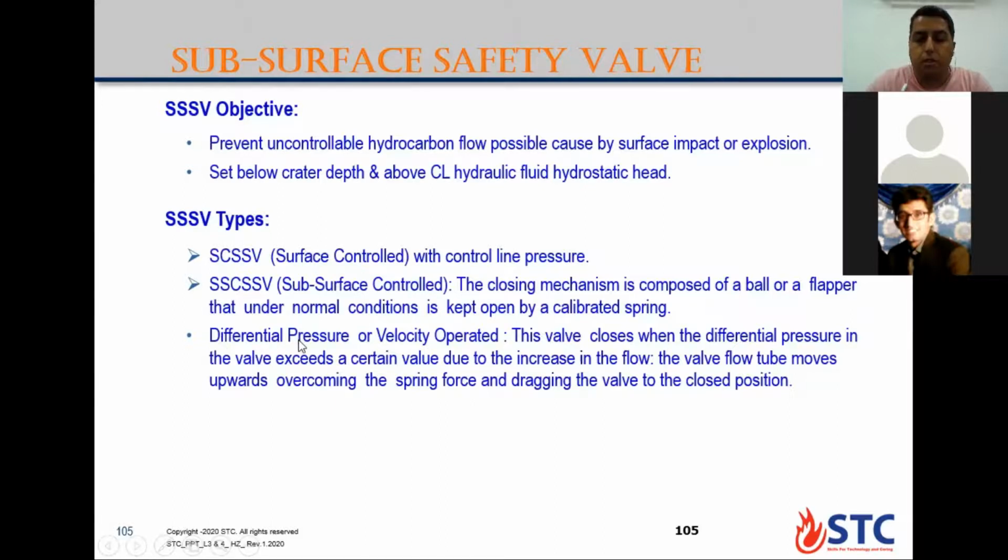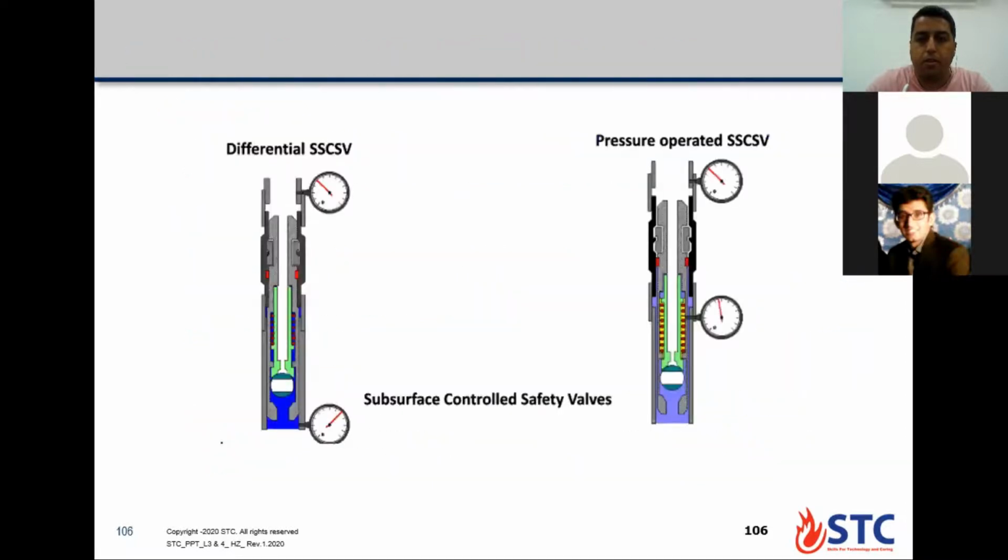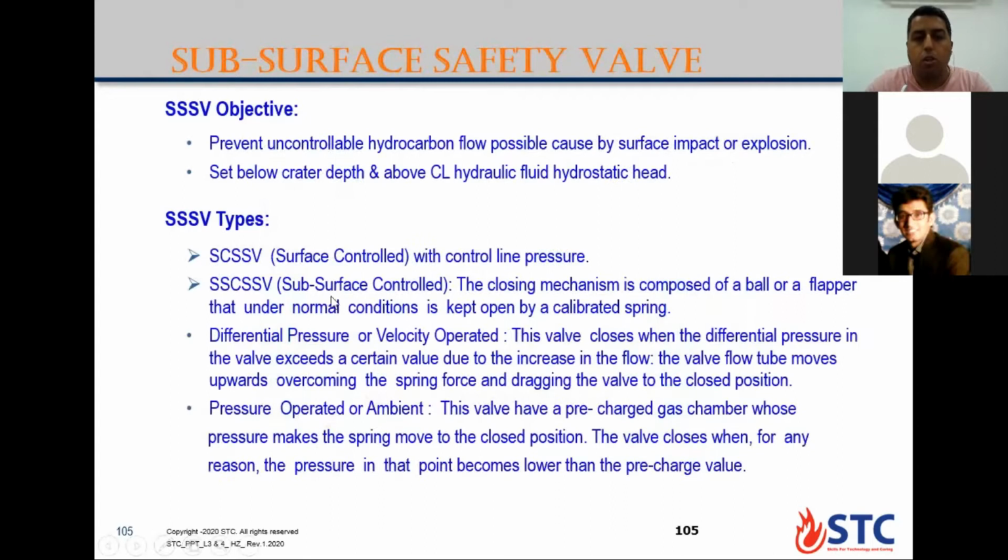You have two types here for the subsurface controlled. All the control for the subsurface safety valve is by pressure: the pressure from the surface through the control line, or the pressure or differential pressure inside the well.